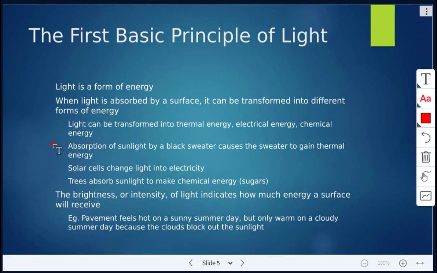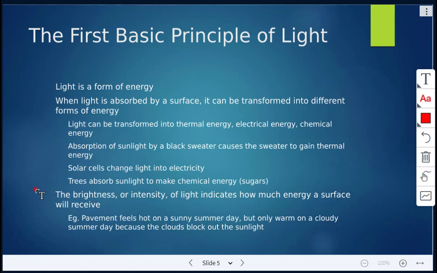Think about if you're wearing a dark sweater or a black sweater. Absorption of the sunlight will cause that black sweater to gain thermal energy. Solar cells can change light into electricity. Trees absorb sunlight to make chemical energy, which are the sugars, during the process of photosynthesis.